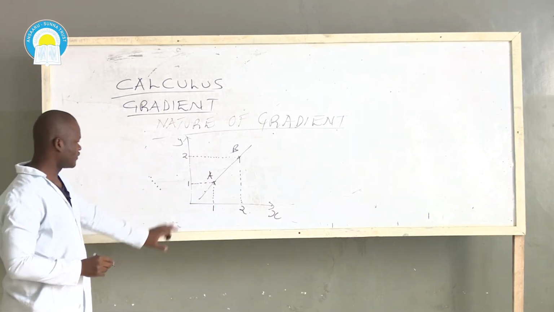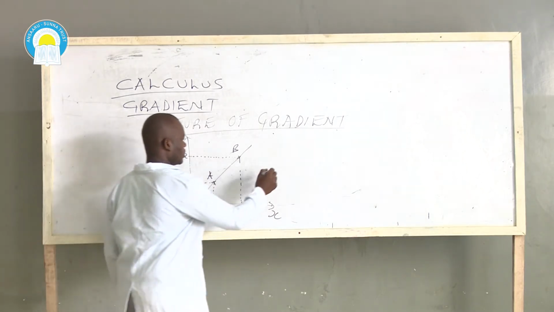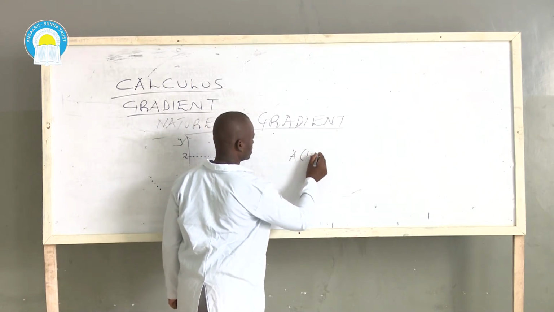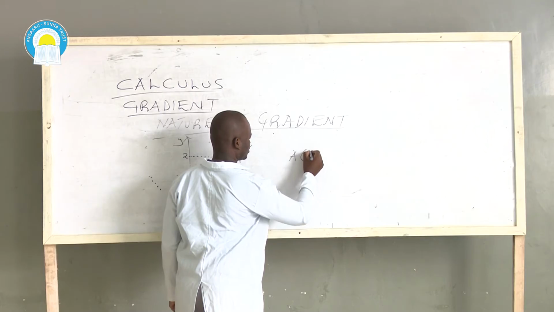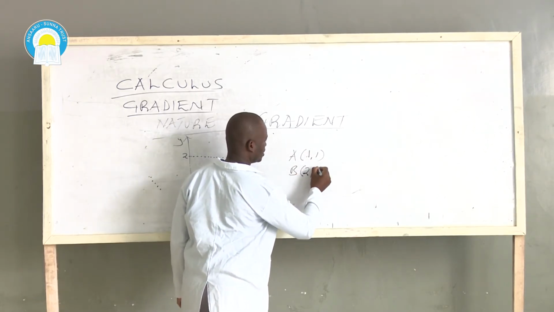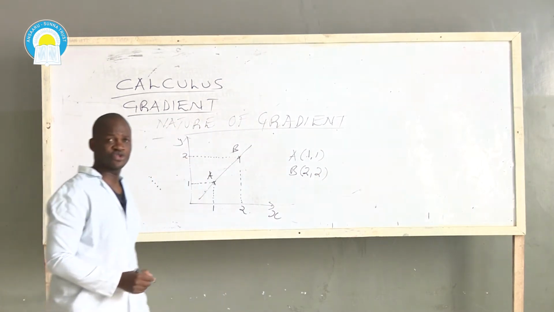To simplify our calculation, let me just choose 2. Now, from that diagram, we see that point A has the coordinate (1, 1) and point B has the coordinate (2, 2).